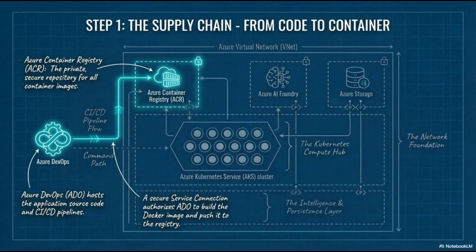This hub pulls the authenticated images from the registry to run our applications. Supporting this compute layer is what we call the intelligence and persistence layer, which includes Azure AI Foundry for advanced model integration and Azure Storage for reliable data persistence. This entire ecosystem is designed to move your code from a repository into a production-ready containerized environment with security and scalability at every step.